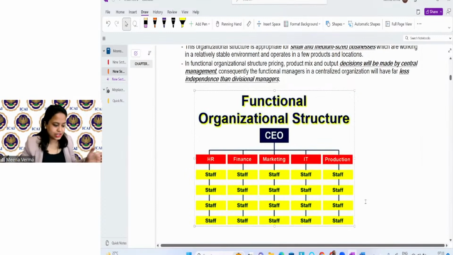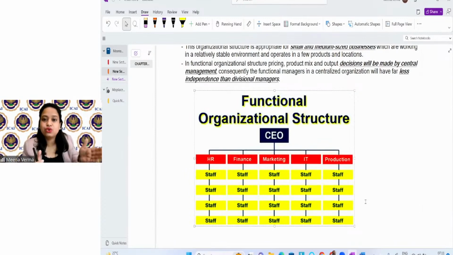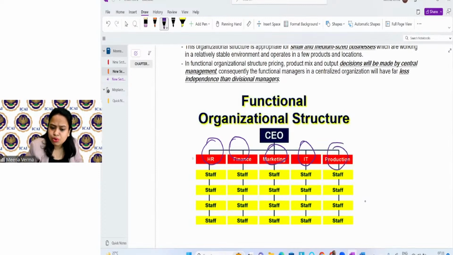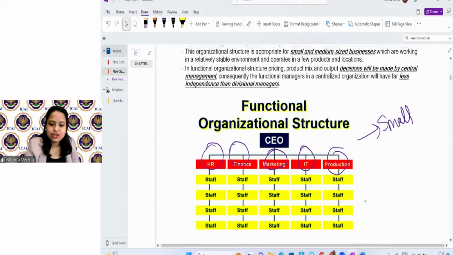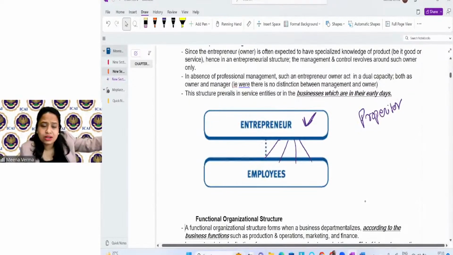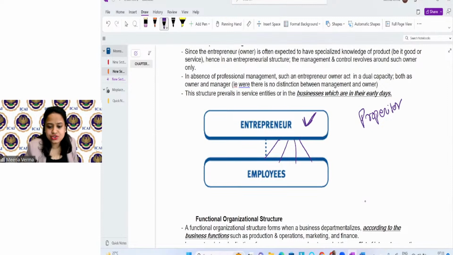The entire organization is further classified into different functions like HR department, finance department, marketing department, IT department, production department. Generally a small organization, not a very, very small one, will have this type of structure. Very small, like a local grocery shop, right? Small shopkeepers have this type of organization. Very small organization.